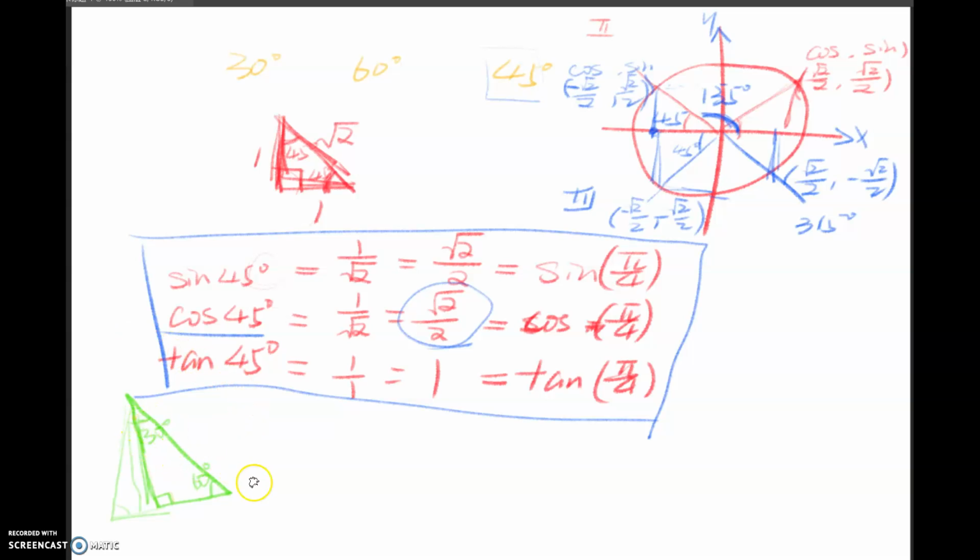So for the 30 and 60, here, this leg, if I call it 1 unit, we know it's a half of this whole segment right here, right? And for an equilateral triangle, all legs or all the segments making this triangle will be the same.